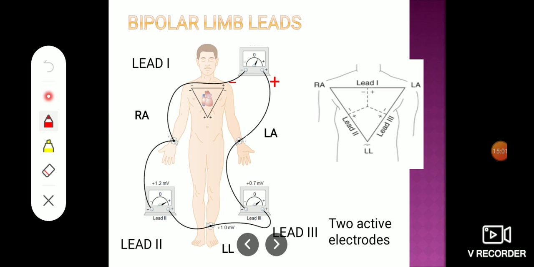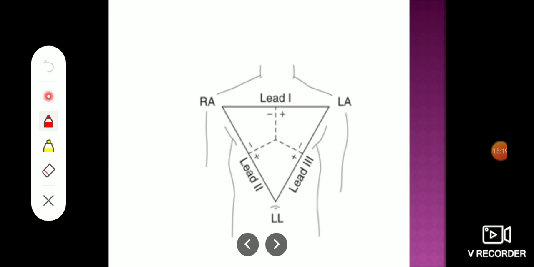So this triangle which is formed across the heart is called Einthoven's triangle. What is the clinical significance of this? Einthoven, if you remember, is the father of electrocardiography. He has given us so much on how to interpret different ECGs. So what is the significance? This is exactly in the direction of electrical current.